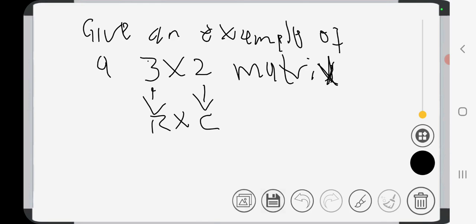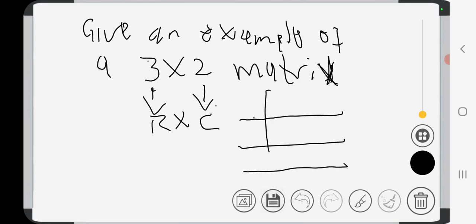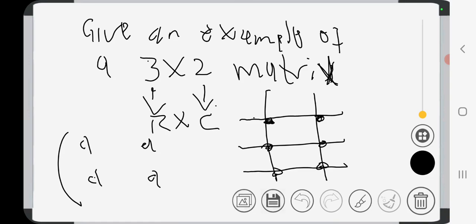So we are talking about 3 rows, 1, 2, 3, and 2 columns, 1, 2. So the element will be located at the point of intersection of the 2 lines. So in this case now, I will put my elements A, A, A, A, A, A.